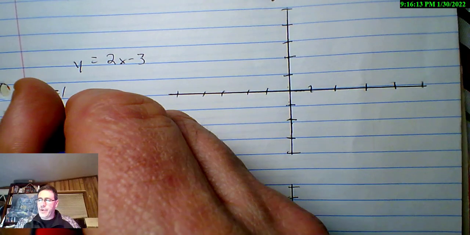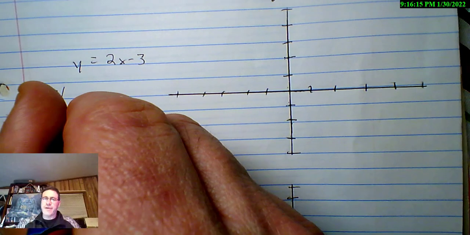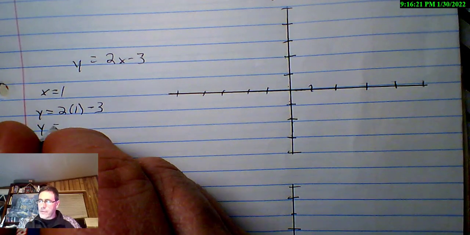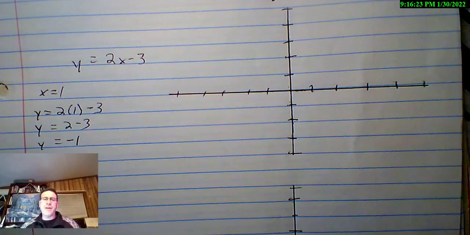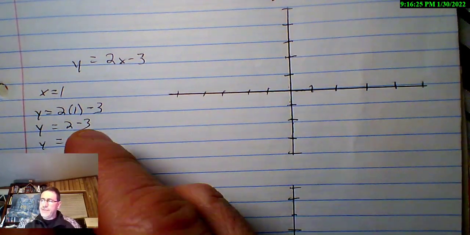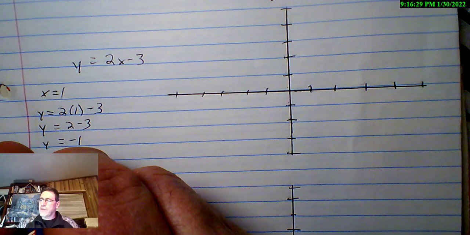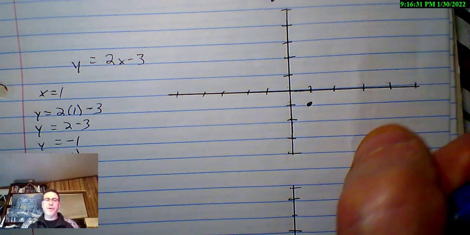So I'm going to substitute 1 into my equation. I'm going to end up getting negative 1. So I have this point where x is 1, y is negative 1. And I'll plot it. There's 1 point.